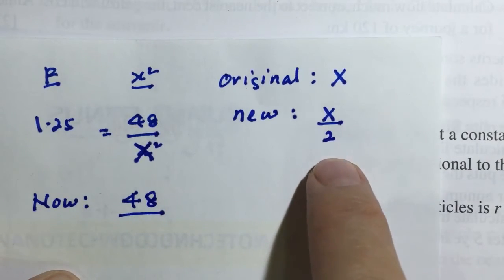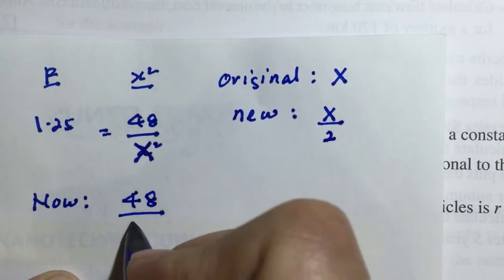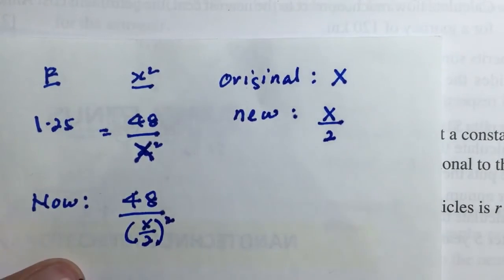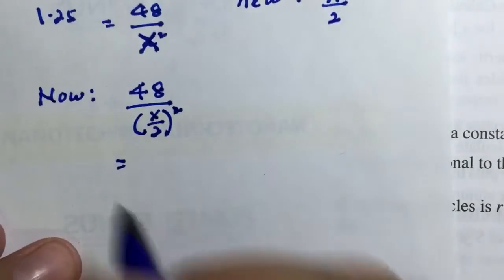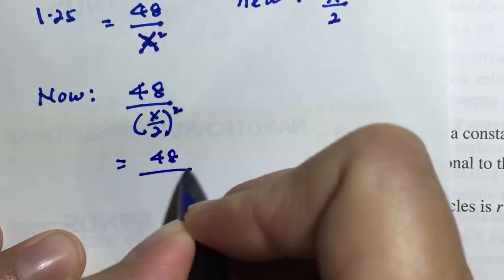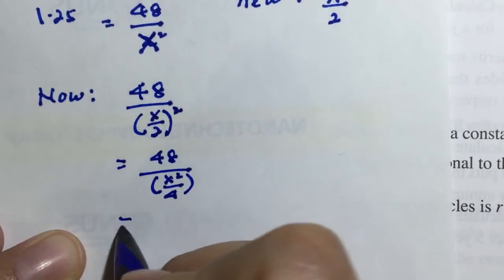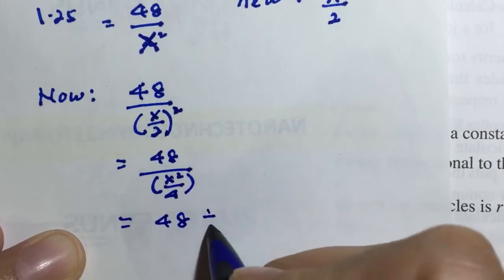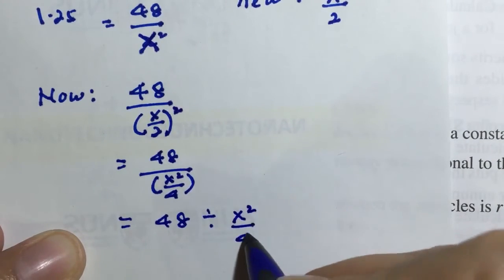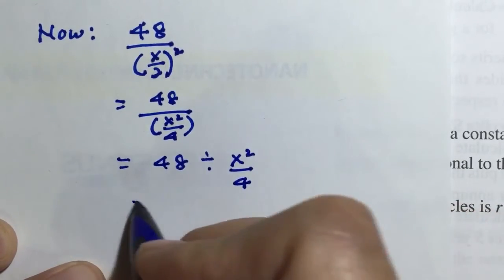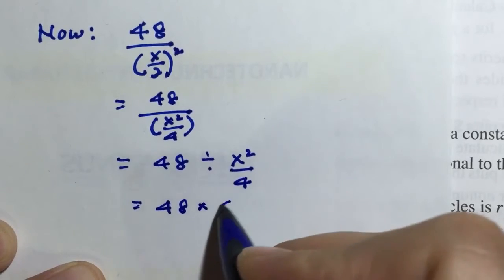We are given that we are going to halve the distance, and the connection is a square connection. So what we can write is 48 over x squared over 4. Now this can be seen as 48 divided by x squared over 4. And like what you learned in primary school, if you want to change this to a multiplication, you flip it this way.